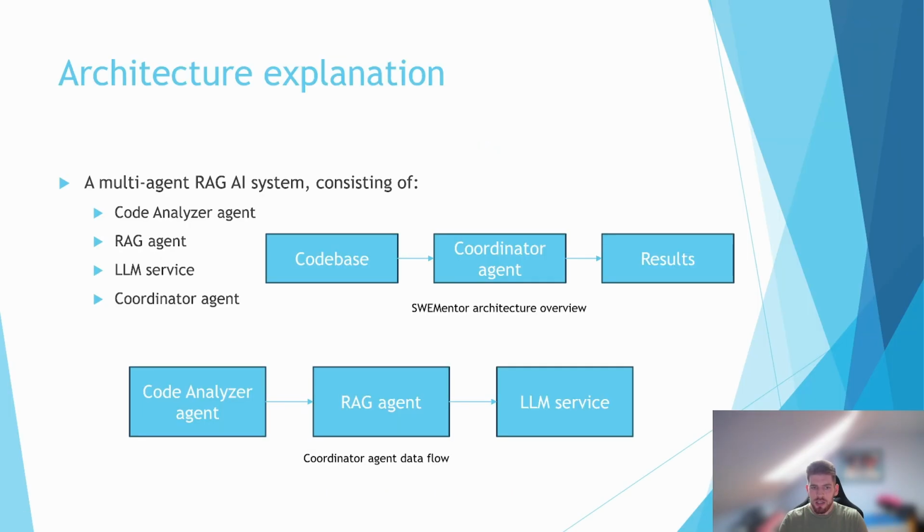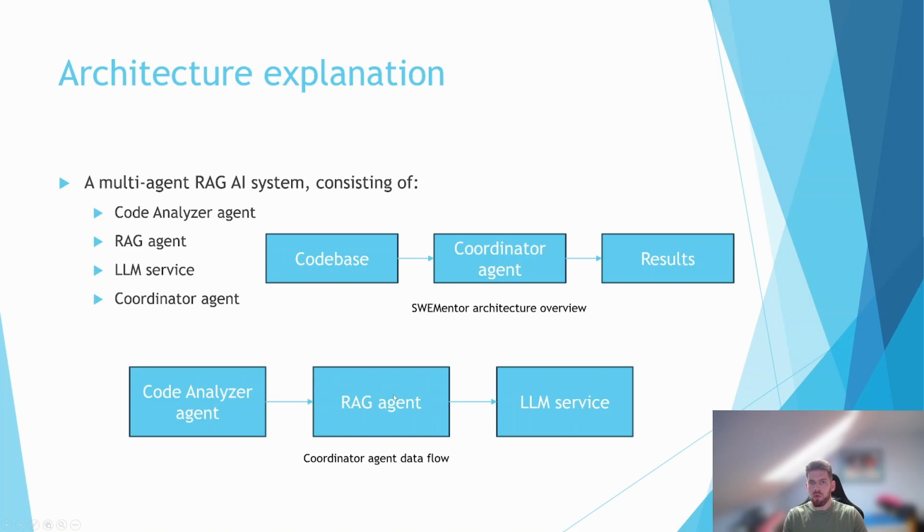So this is actually reported by the code analyzer agent. And what it does, it actually uses traditional methods in order to analyze the code. In particular, it uses the abstract syntax tree to detect possible issues in the code. These issues are then reported further down the pipeline to the RAG agent.